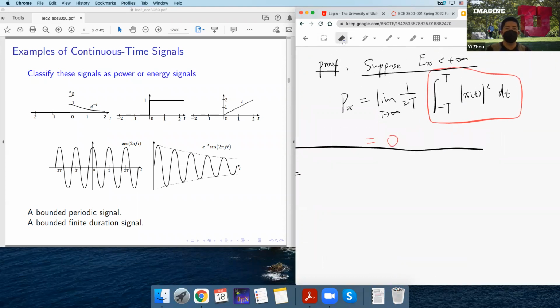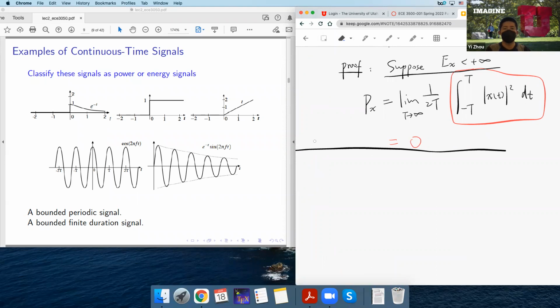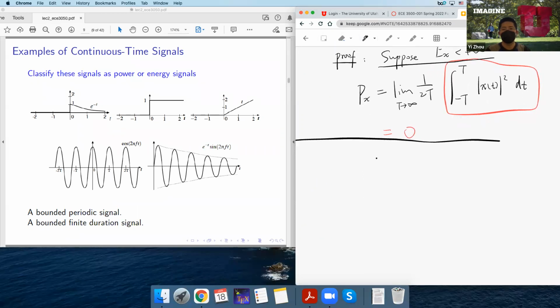I'm going to follow this definition. So Px is the limit.